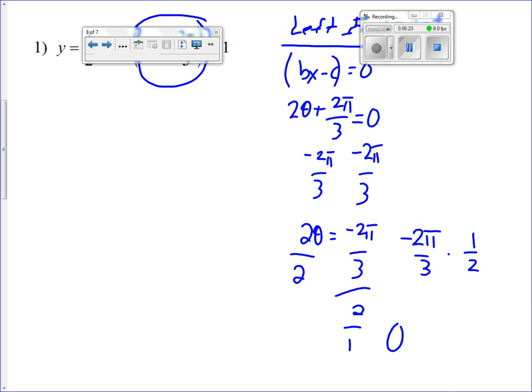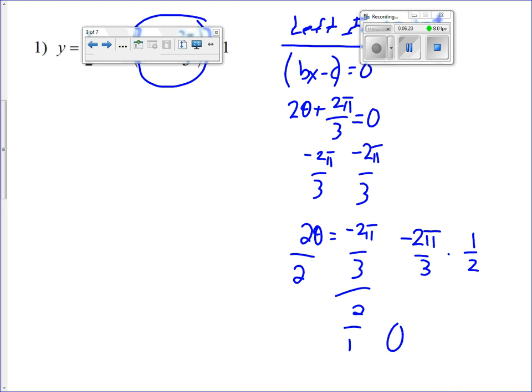All right, next we're going to do the right endpoint. So after the shift, this is where our function will end. And it also has its own equation. Bx minus c is equal to 2 pi.